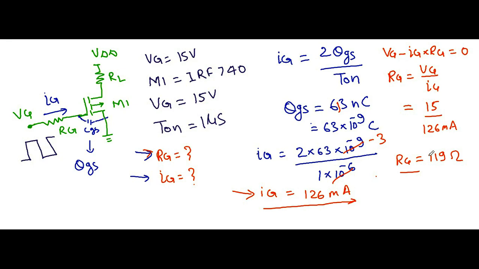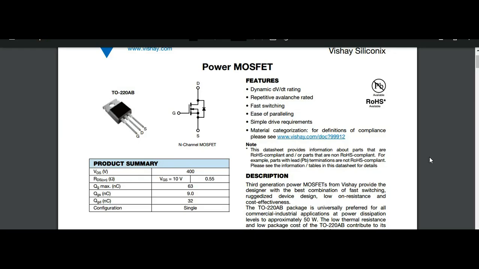And how are you going to calculate the gate current? You can apply this formula: IG equals 2QGS divided by T on. Then you don't know the value of gate to source charge. In order to know it, you have to go to the IRF 740 datasheet, and if you look here, the QG maximum is 63 nanocoulomb.